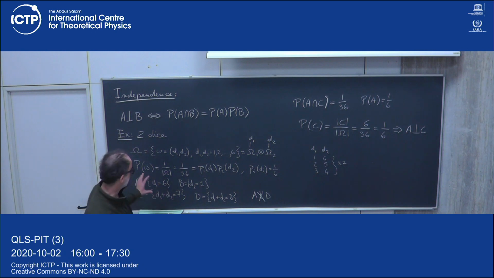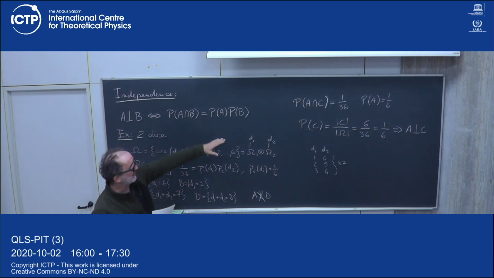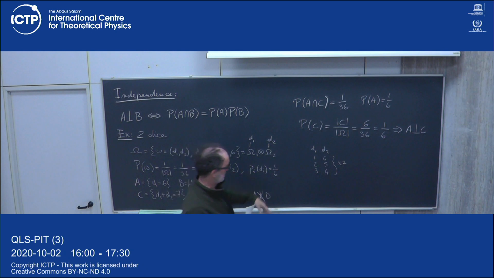The lesson of this simple exercise is that sometimes independence is intuitively obvious, sometimes it is not, and so one has to do the explicit calculation.